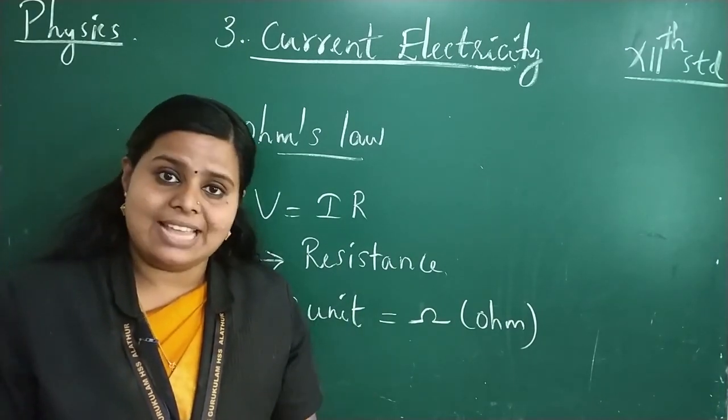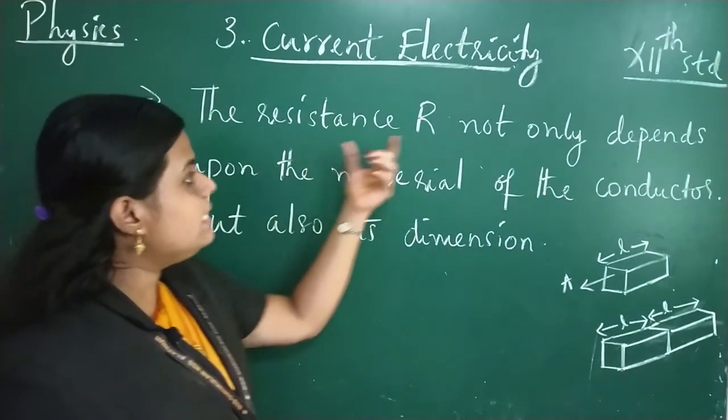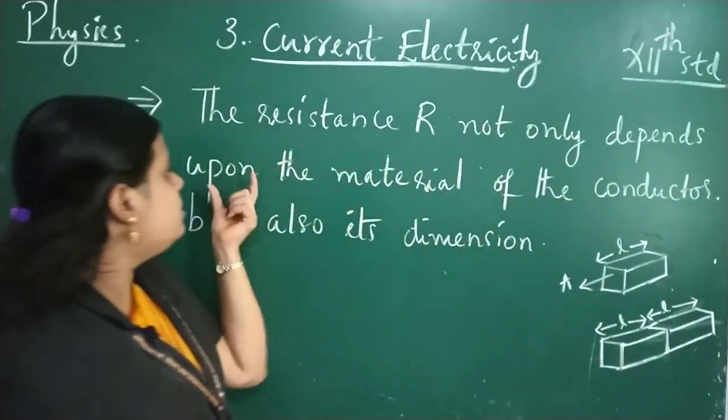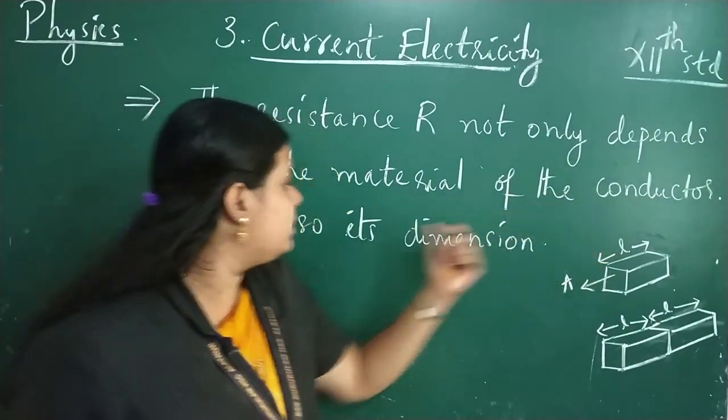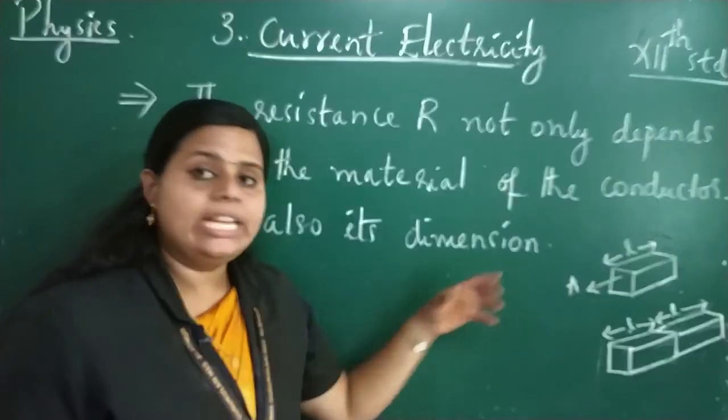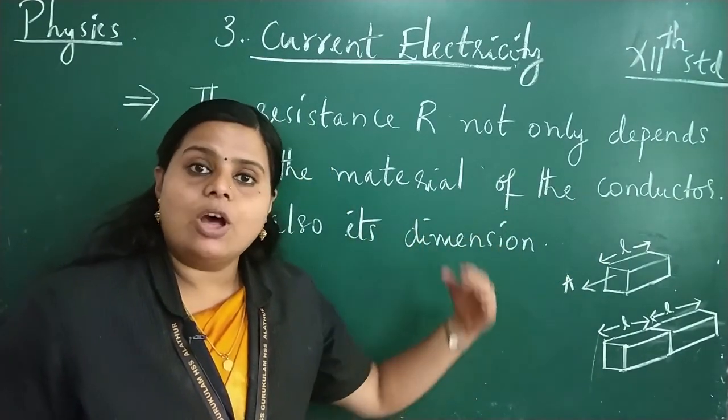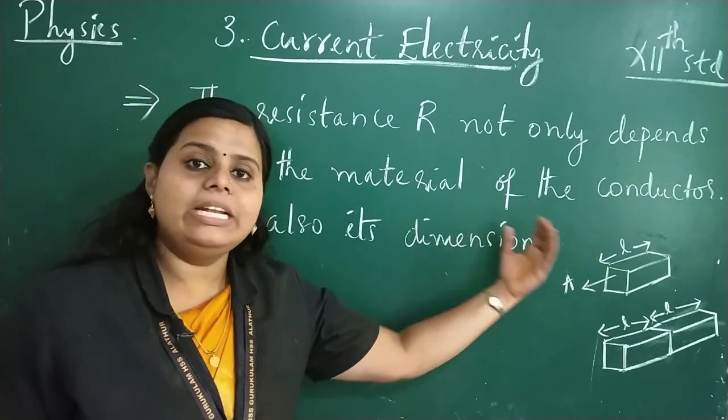So let's learn that. Listen children, the resistance R not only depends upon the material of the conductor but also its dimension. Its dimension means length or area of cross section of the material of conductor.